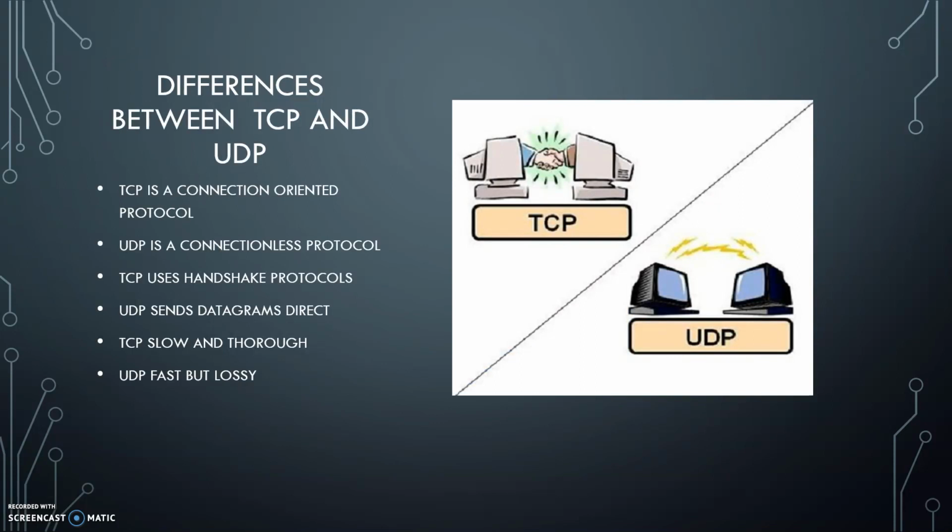The differences between TCP and UDP: let's take a little bit more in-depth look between these two protocols. TCP is a connection-oriented protocol that tracks all of the data sent and requires acknowledgement that the packet was received correctly and intact each time.